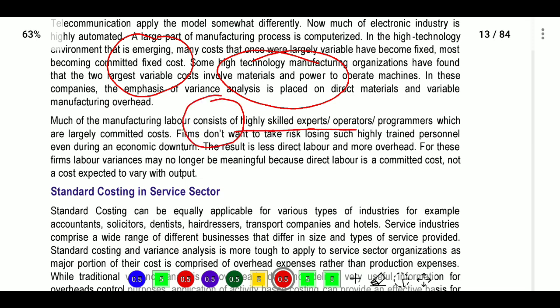For computers, we require professionals with computer skills and knowledge, not unskilled persons. So labor cost also becomes a committed cost. The firm does not take any risk of losing highly trained persons even during an economic downturn. The result is less direct labor and more overheads.